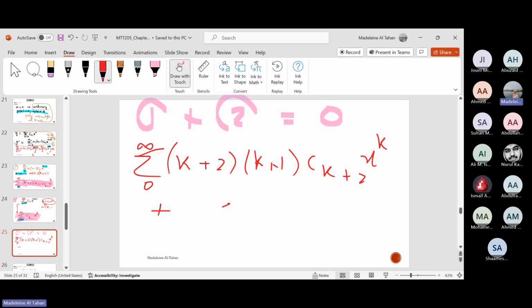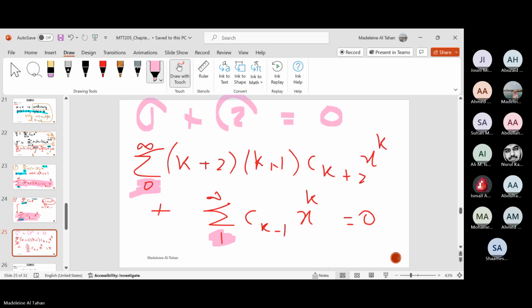And series 2 is sigma from 1 to infinity, c k minus 1, x to the k, equal to 0. Right? Yes. Now one of them starts at 0 and one of them starts at 1.